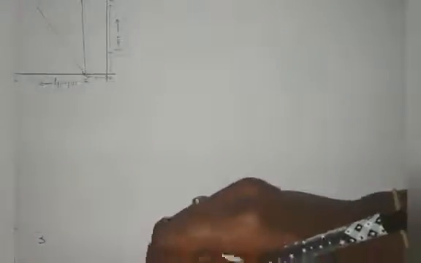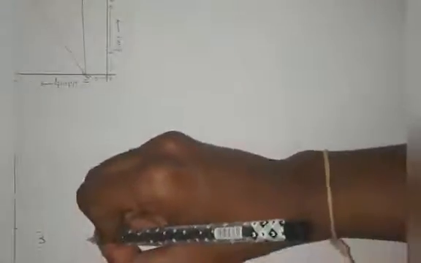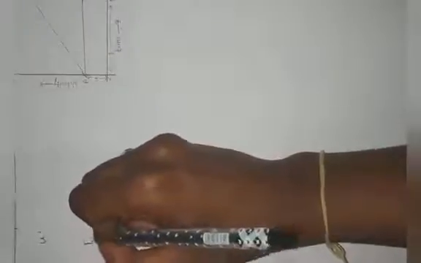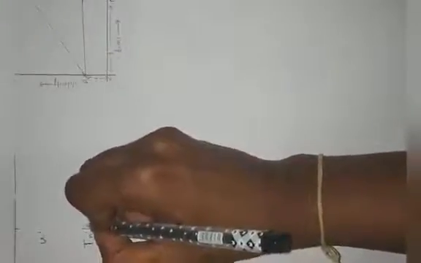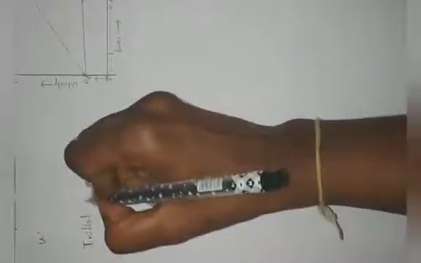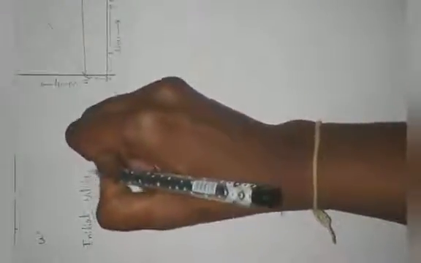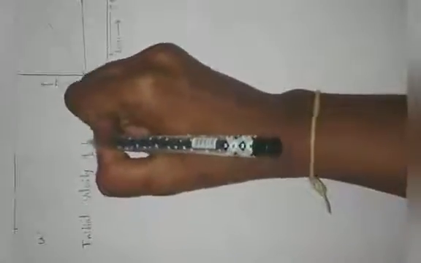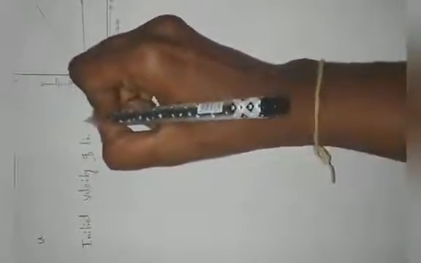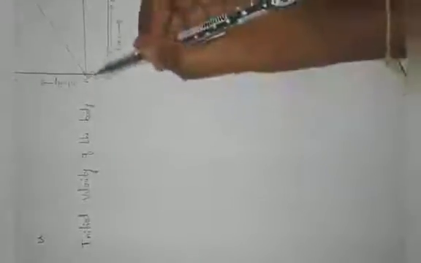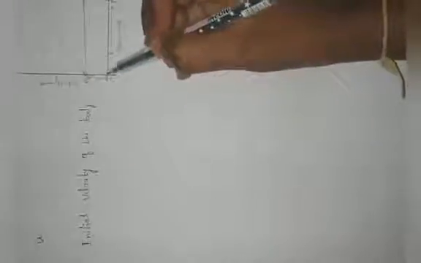Now, let us define the terms. The initial velocity of the body is, you can see here, AO.